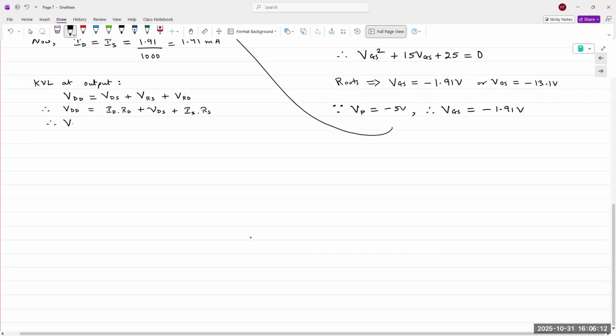And therefore, my actual VDS in terms of the other quantities is VDD minus the voltage drop across RD minus the voltage drop across RS.